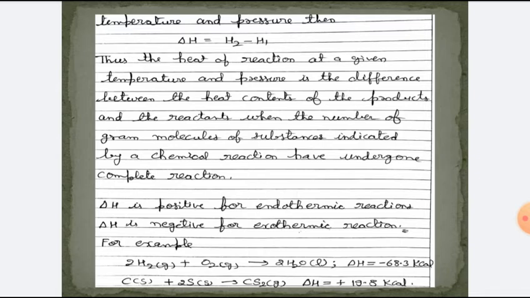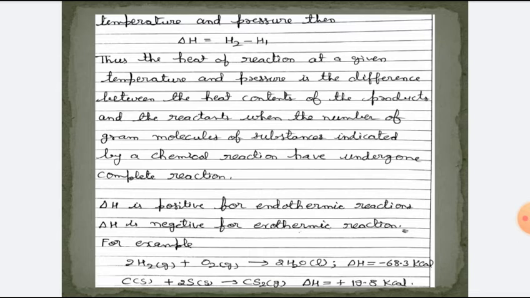Mathematically, delta H equals the heat content of the products minus the heat content of the reactants, or the heat content of 1 mole of C and 1 mole of D minus the heat content of 1 mole of A and 1 mole of B. Delta H is positive for endothermic reactions and negative for exothermic reactions.